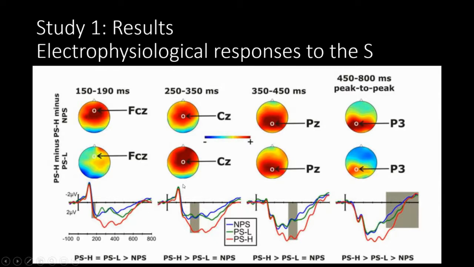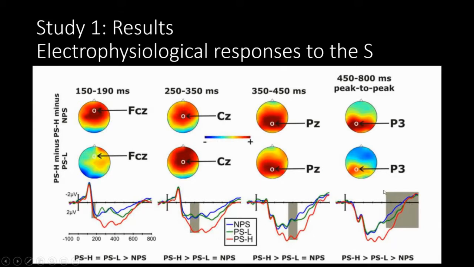After that, we had a long time window in which the factor that was more important was the value, because the predictive high value stimulus had a different activity, was more positive than the other 2. So it seems that the response information was no longer relevant here, just the value of the outcome.